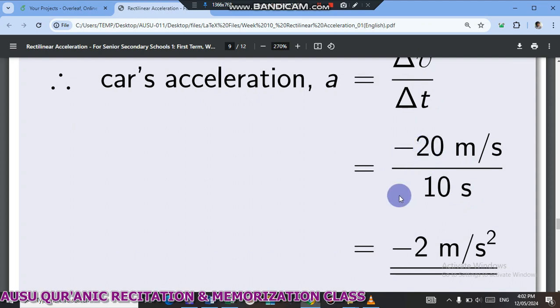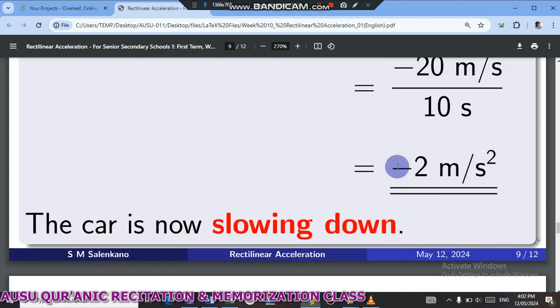So negative 20 divided by 10 will give you negative 2 meters per second per second, which is meters per second squared. Now, because the acceleration has a negative value, we conclude that the car is now slowing down. So if an acceleration is positive, it means the object is speeding up, and if the acceleration is negative, the object is slowing down.